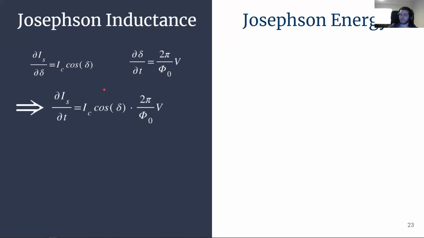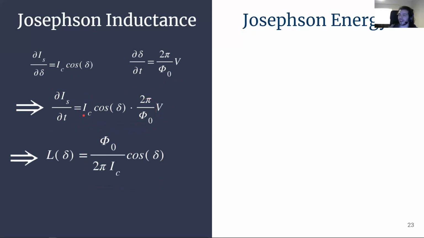This result looks like an IV equation for an inductor with inductance like this. You can see here there's a change of the current and there's a voltage here. So this term here would be the inductance itself.